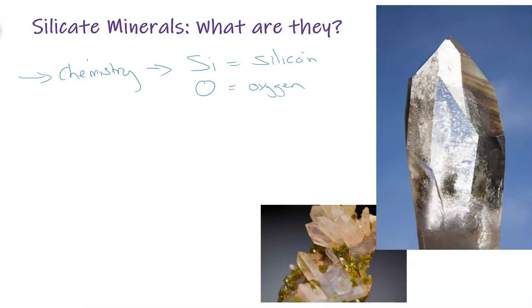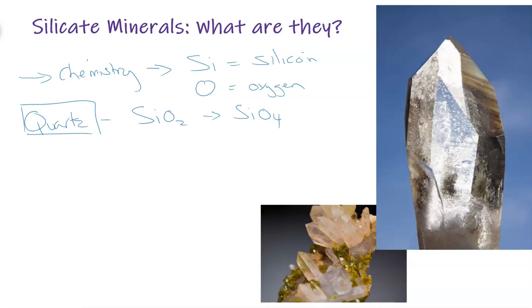Now, quartz is purely SiO2, or in the form of SiO4, which is the tetrahedron shape with the 4 oxygens, which we'll get onto in a second. This is one type of silicate mineral.